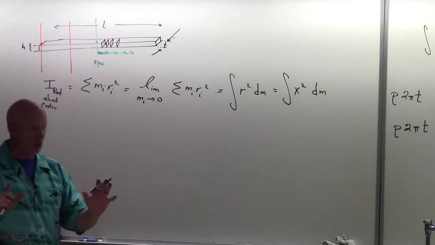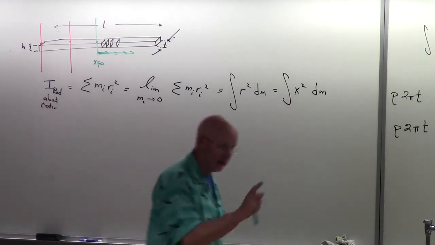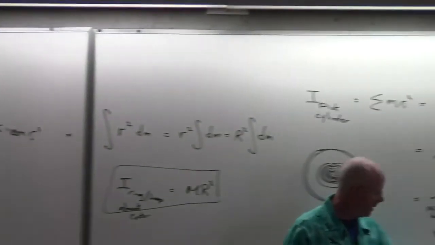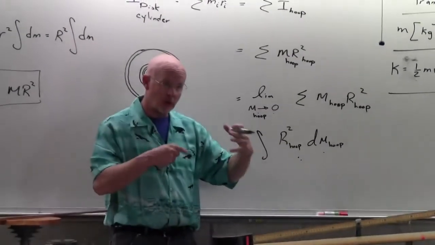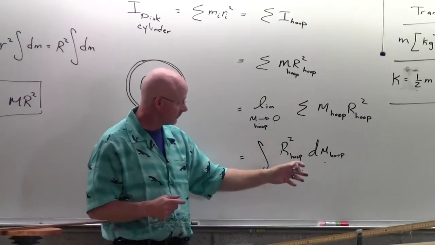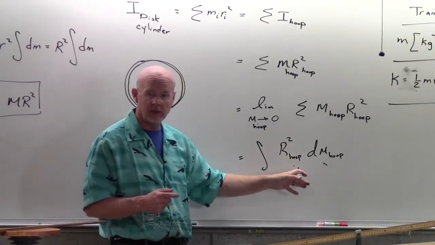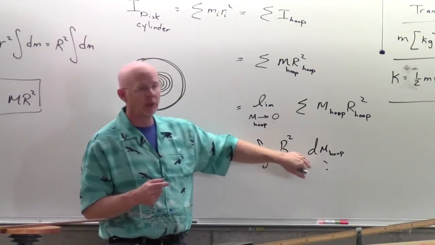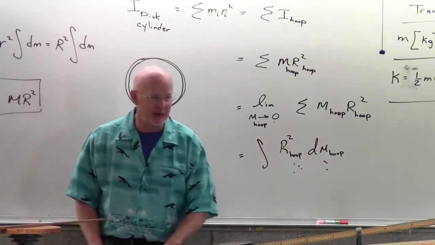It is not the mass of the whole rod. However, just like we did for the disk, whereas we were adding things together, we need to get those to the same variable. How is the mass related to the radius?